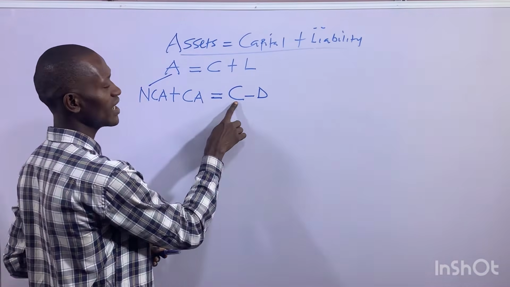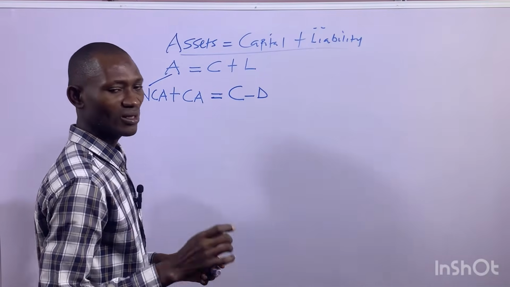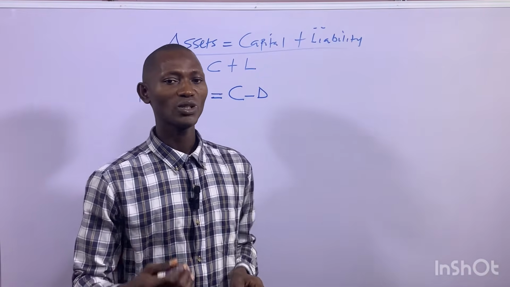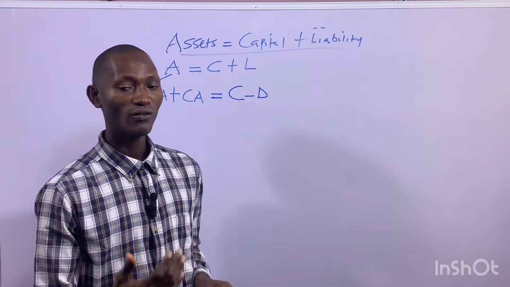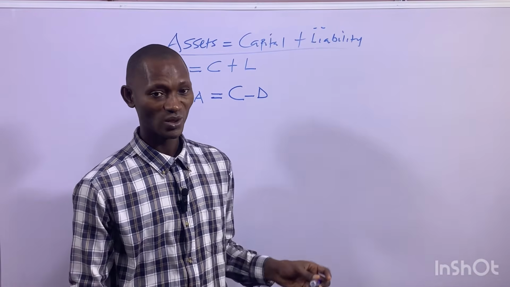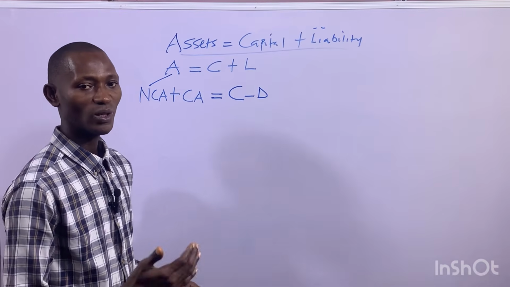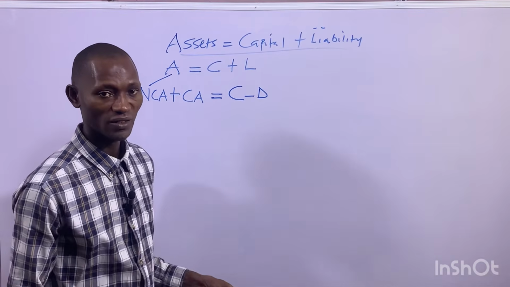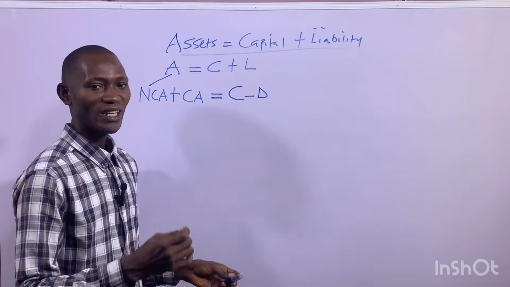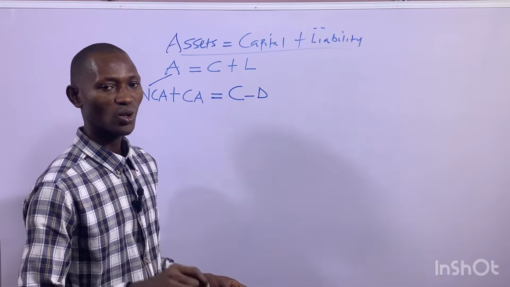Also, from this capital, the primary purpose of the owner introducing the capital or funding the business is to generate revenue. And when we say revenue, we also mean profits. And it's either the business generates profit or loss.